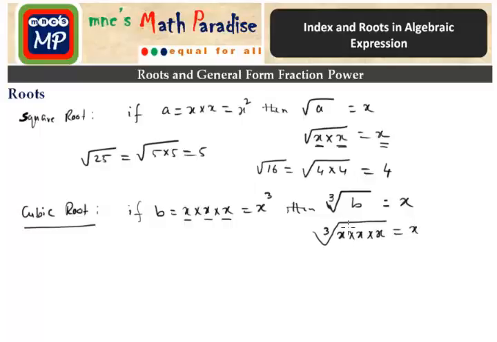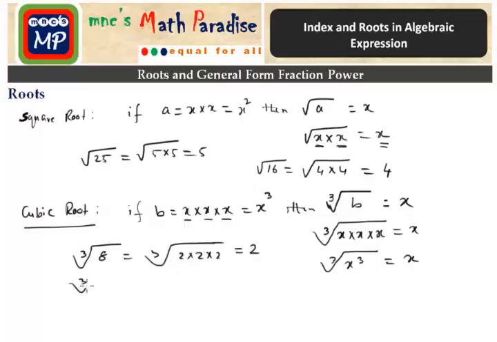That means cubic root of x cube is x. So cubic root of 8, we can write as 2 times 2 times 2. That means it's 2. Similarly, cubic root of say 125, we can write cubic root of 5 times 5 times 5, because 125 is 5 times 5 times 5, so cubic root of 125 is 5.